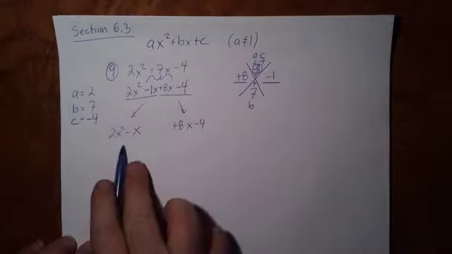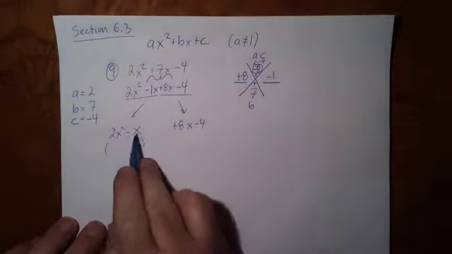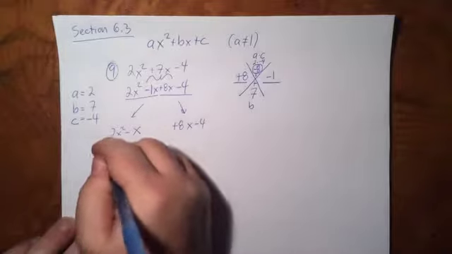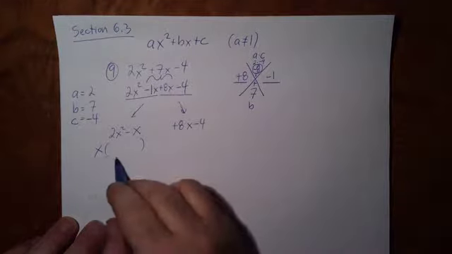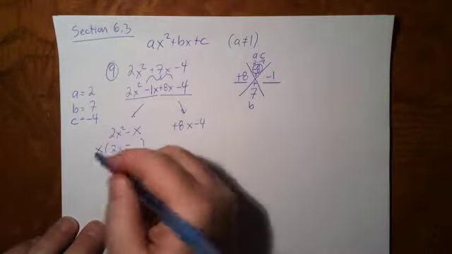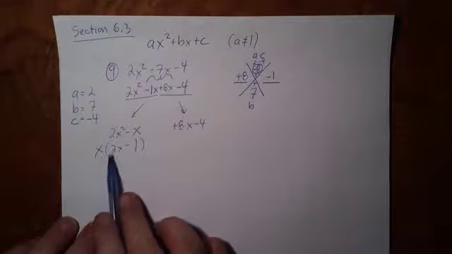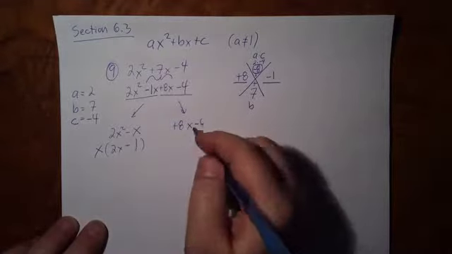So let's look at factoring the greatest common factor from the first group. For 2x squared minus x, the greatest common factor is x. So x times 2x will give me 2x squared, and then x times 1 will give me x. So we have x times 2x minus 1.